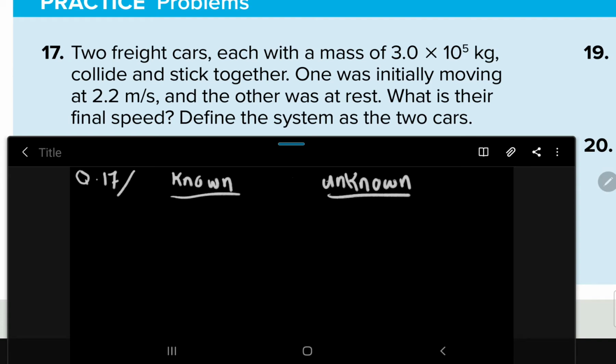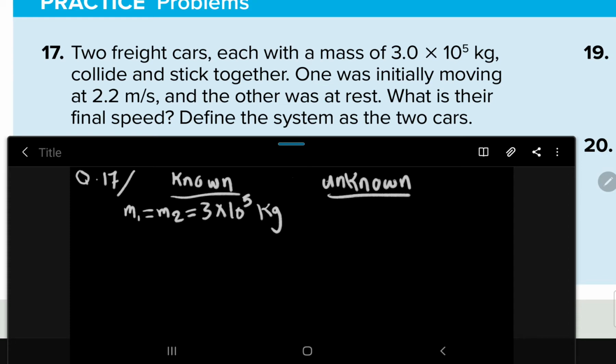We have two freight cars, each with a mass of 3 times 10 to the power 5. That means the first car equals the second car, and that's equal to 3 times 10 to the power 5 kilograms. They collide and stick together.